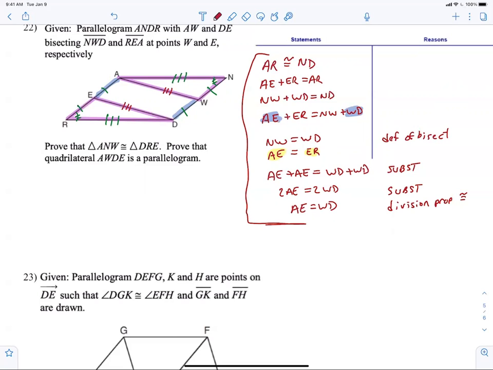You're just telling me. I'm agreeing with you. That was obvious. They bisect. Two things that are bisected are cut into two equal things. But you have to write the statements and the reasons. That's the statement and the reason.